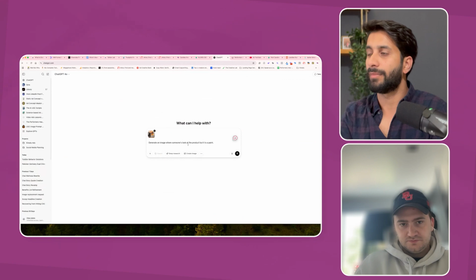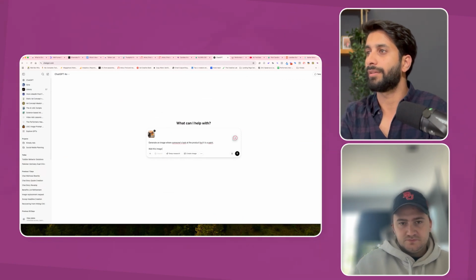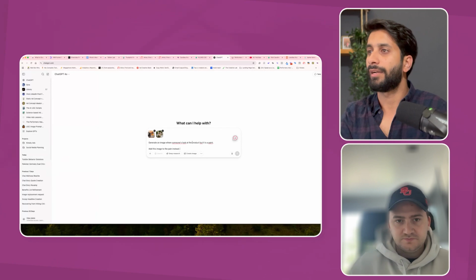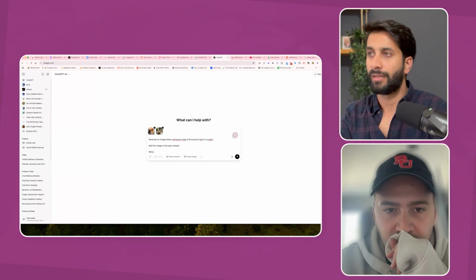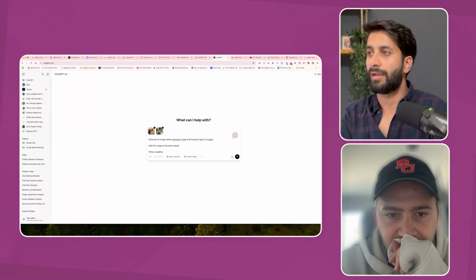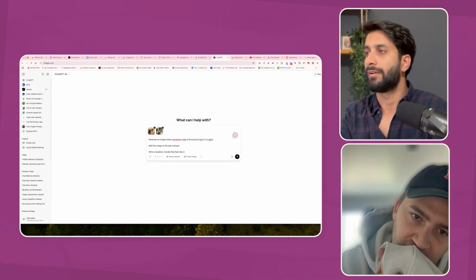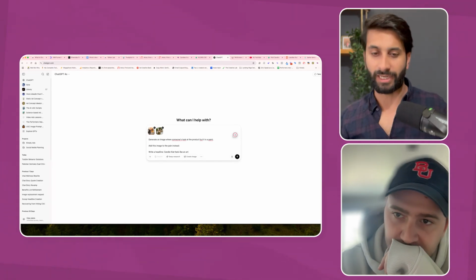Add this image to the paint instead. And write a headline, candle that feels like an art. I don't know what it generates, but let's see what it generates.